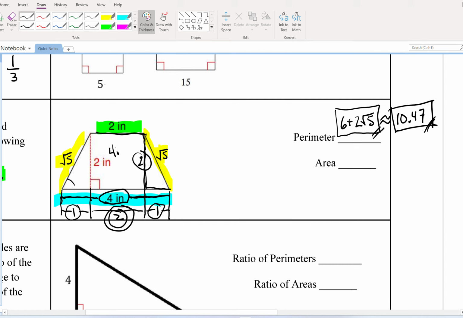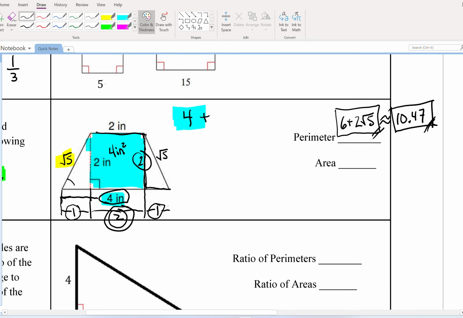So this is 4 square inches. 4 square inches is this right here. We already know that area. And so that's 4 square inches.